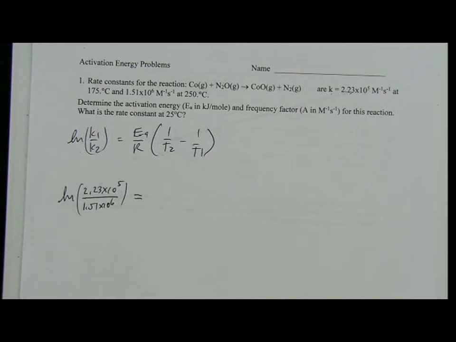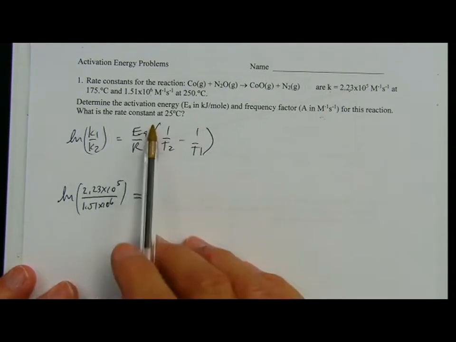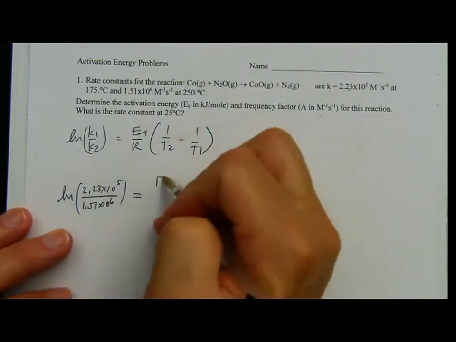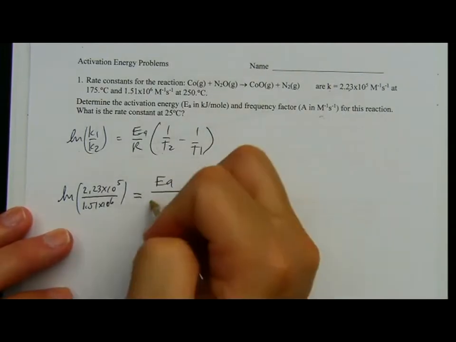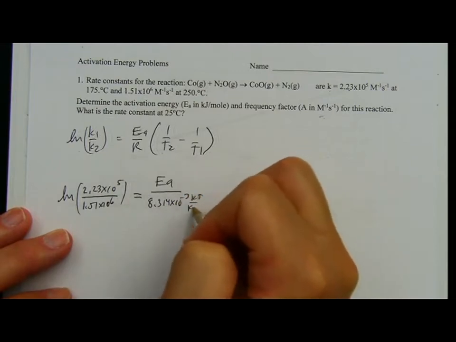What is the rate law? What is the order for this reaction? Second order. That's correct. You can tell that from the units on the rate constants right there. All right, so E sub A is what we don't know. We'd put 8.314 times 10 to the minus 3 kilojoules per Kelvin mole there.